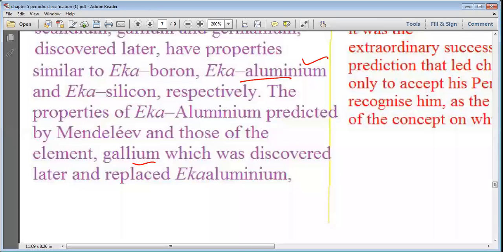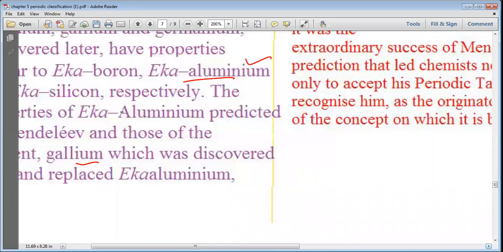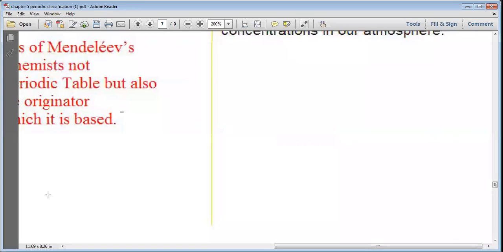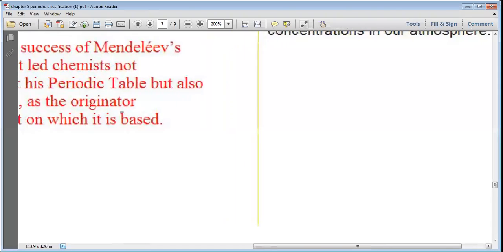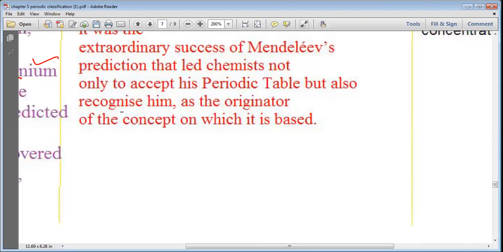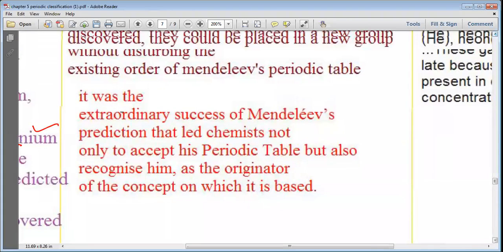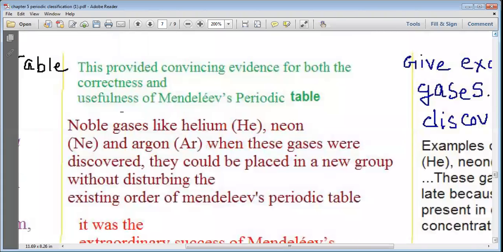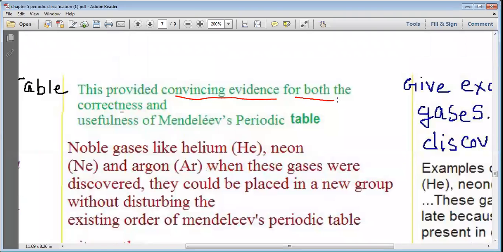Later on, new elements were discovered in place of these gaps, and they had the same properties as those predicted by Mendeleev. Now, my dear students, this provided convincing evidence for both the correctness and the usefulness of Mendeleev's periodic table.